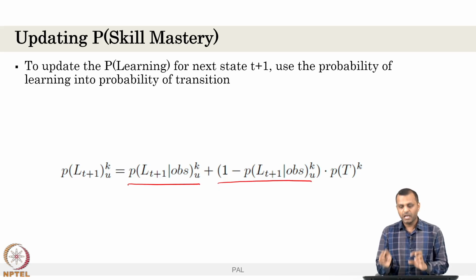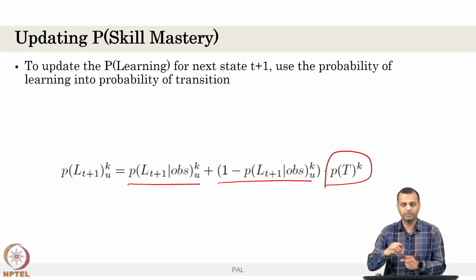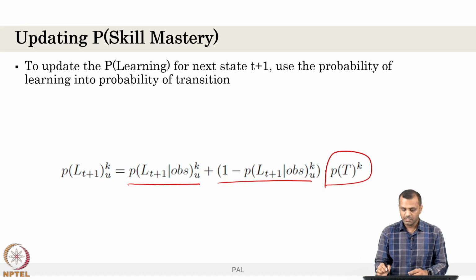Into the transition, we said P(T) is acquisition, how much knowledge is acquired from reading this particular content. This can be set to a fixed value by the designers or the experts. So this is how Bayesian knowledge tracing updates the students' mastery over a set of questions.